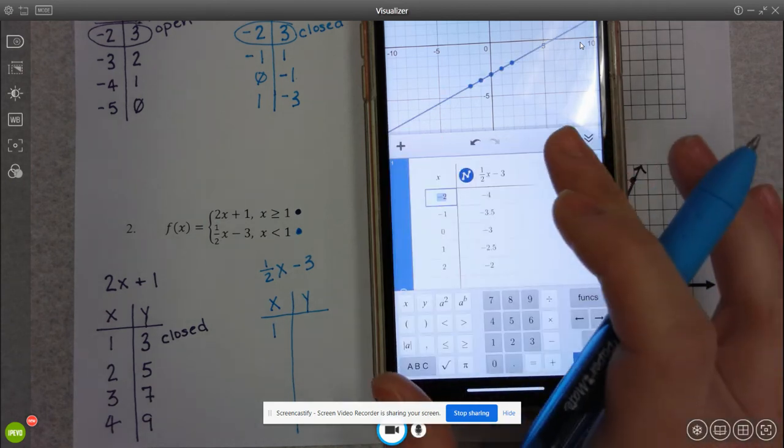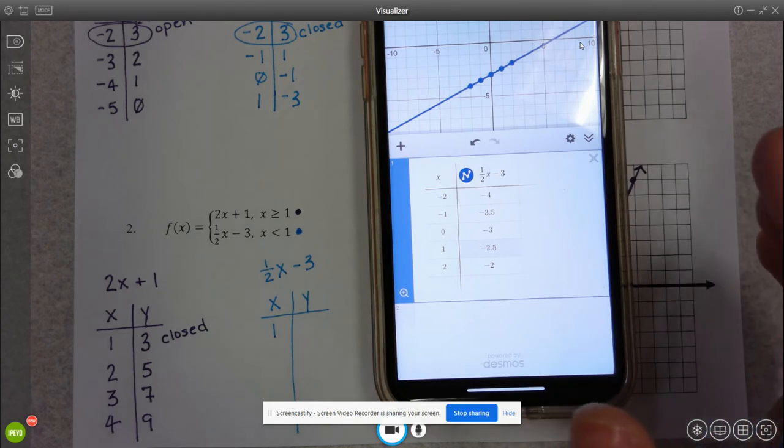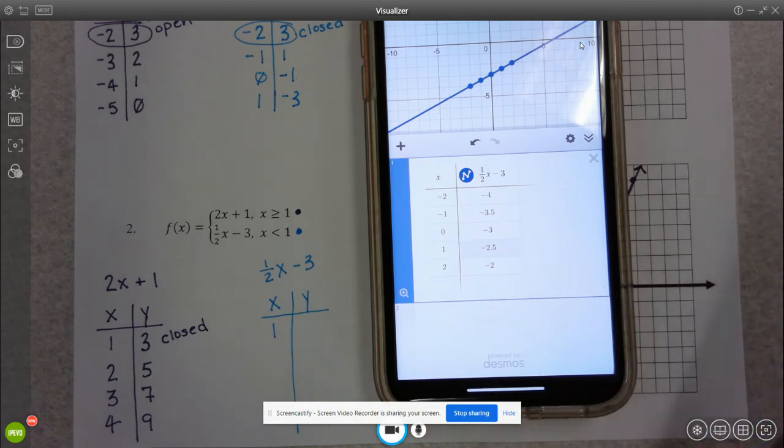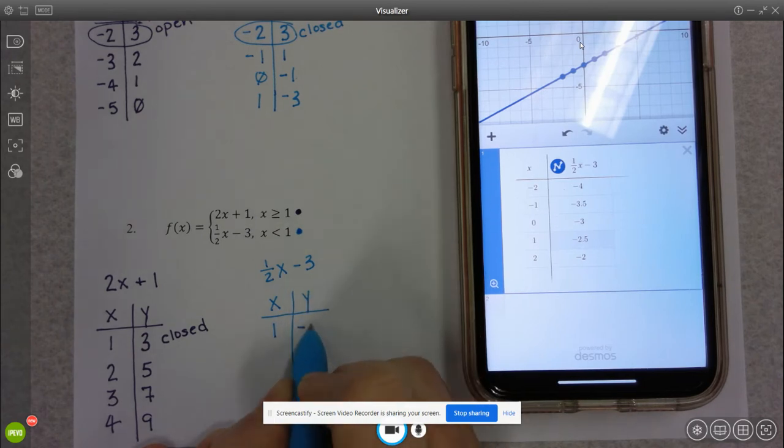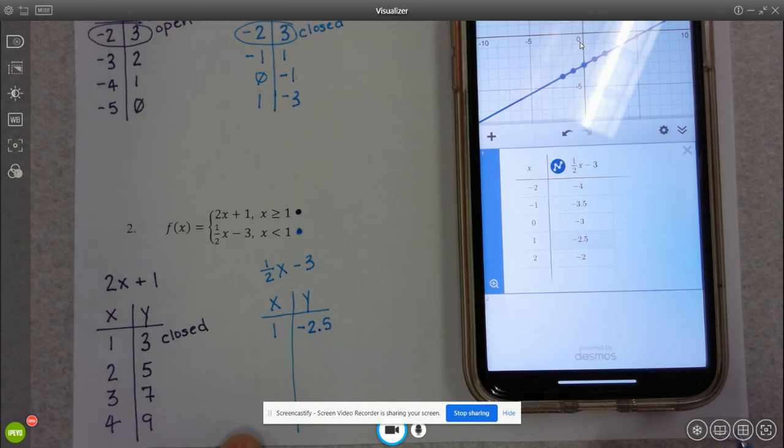So what I'm going to do is I'm going to turn this into a table. And I'm going to look at my values first. So 1 is going to give me negative 2.5. I don't feel like graphing a bunch of in between tick marks because I am not as accurate as if I'm graphing on a whole tick mark.